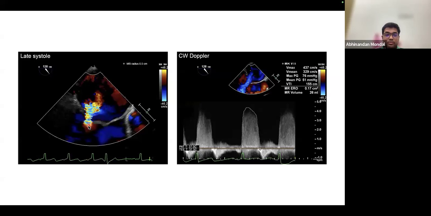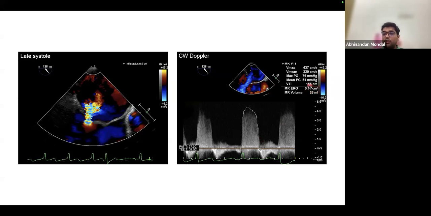In the same patient, we have measured the PISA radius. It is 0.5 centimeter. And in the same patient, we have traced the continuous wave Doppler waveform of your MR, and your ERO has come to 0.17 centimeter square.